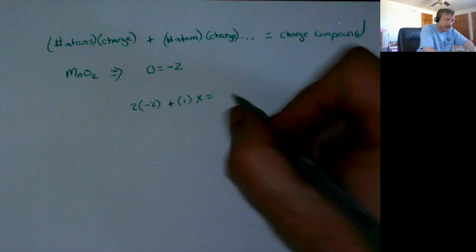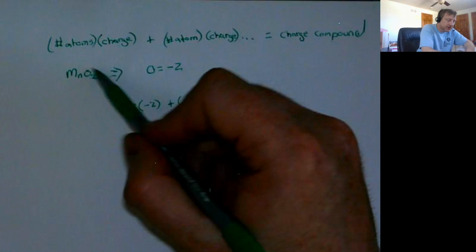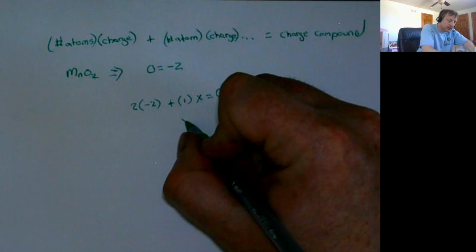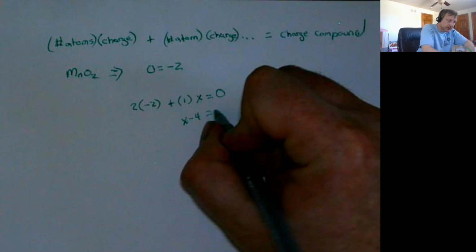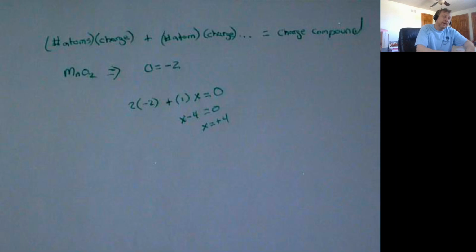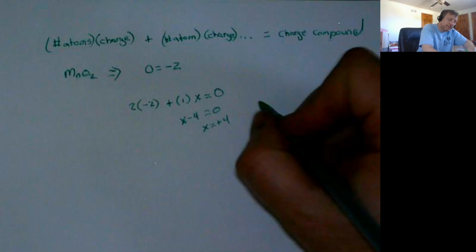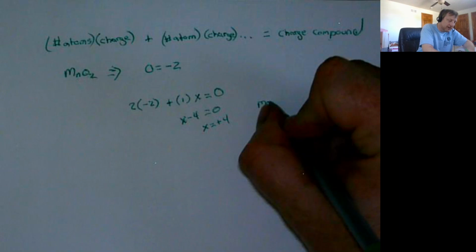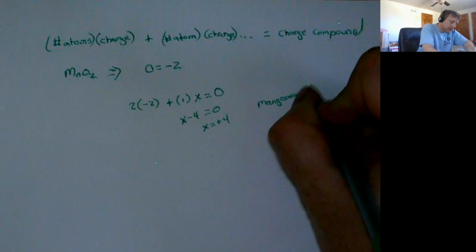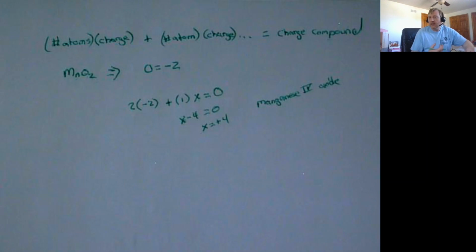That's what we're solving for. And they add up to be the charge on this compound. Since there's no charge shown here, that's 0. We end up with a very simple x - 4 = 0, or x = +4. That is the oxidation number on the manganese in this compound. If we were going to name it, it would now be manganese(IV) oxide, with that 4 representing the oxidation number.